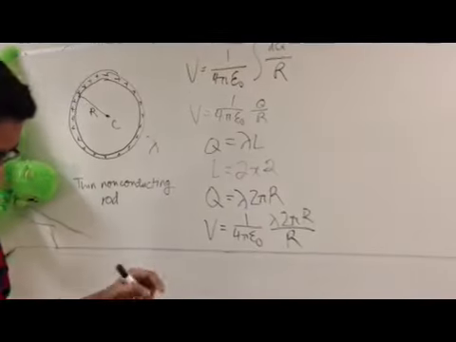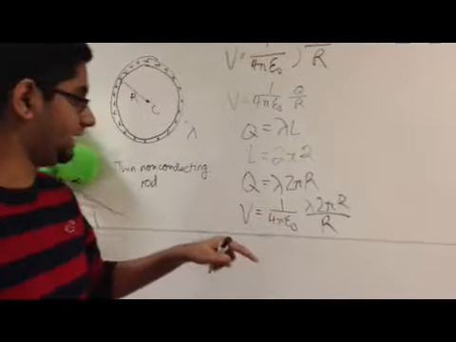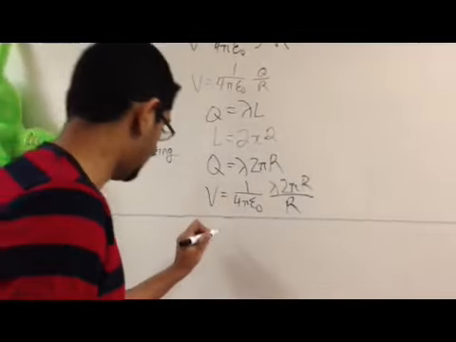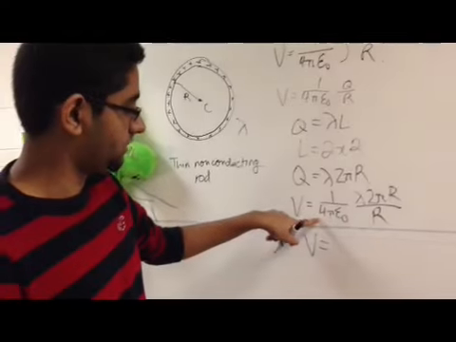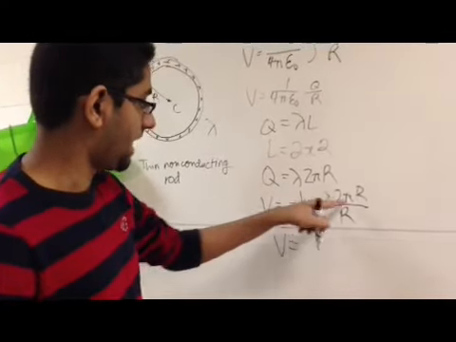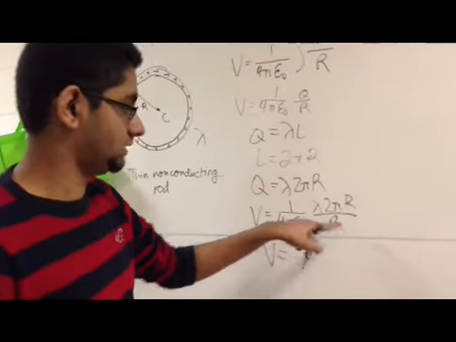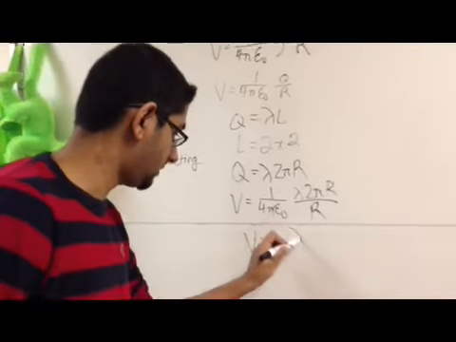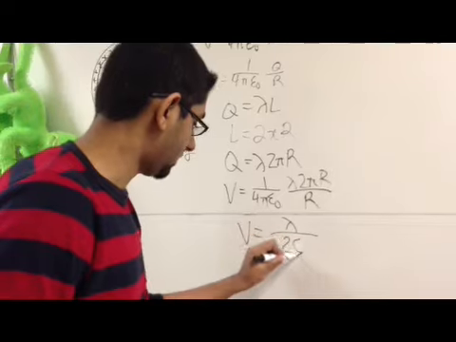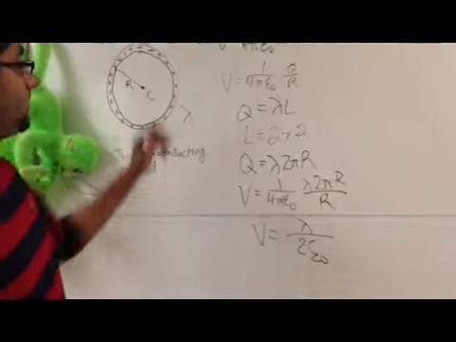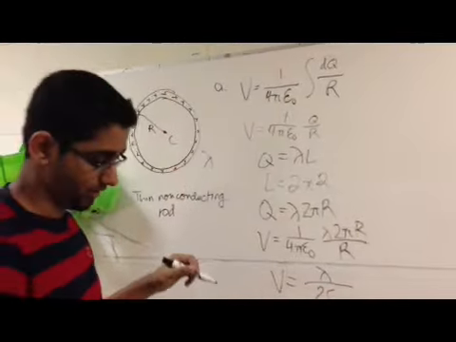If we cancel everything out, the 2 and 4 cancel, leaving a 2 in the denominator. The pi cancels out, and the r cancels out. So eventually V equals lambda over 2 epsilon naught. That was it for part A.